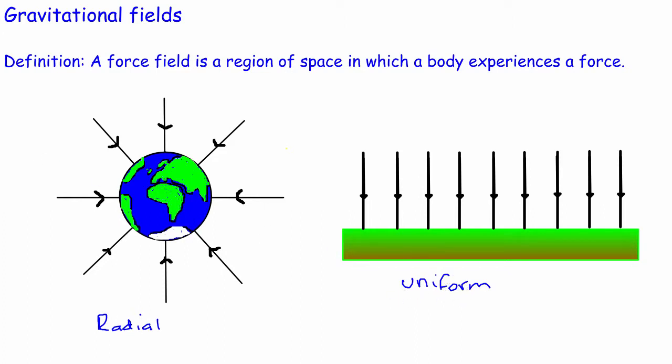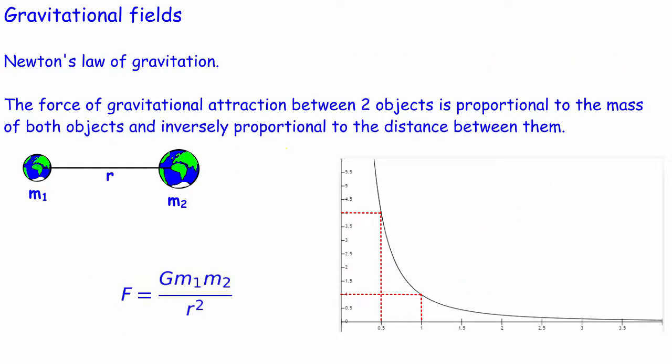Now we're going to have a look at how you can calculate the force of attraction between two particular objects from a gravitational point of view. Newton first came up with this, which is why it's called Newton's law of gravitation. If you want a definition in words, it's given by this.